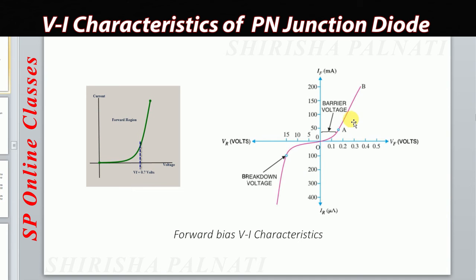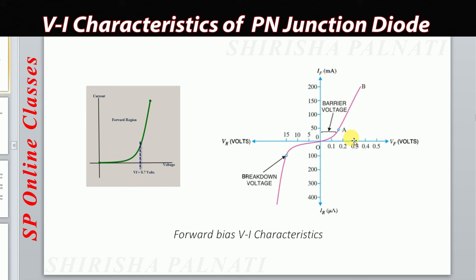In both the forward and reverse conditions, the current increases. In the reverse condition, if you apply more voltage, greater than the breakdown limit, then the diode is damaged. So that is called the breakdown voltage. Here we consider the knee point or breakdown voltage, and also the potential barrier, which is the cut-in voltage or barrier voltage. So this is the difference between the forward bias and reverse bias VI characteristics.